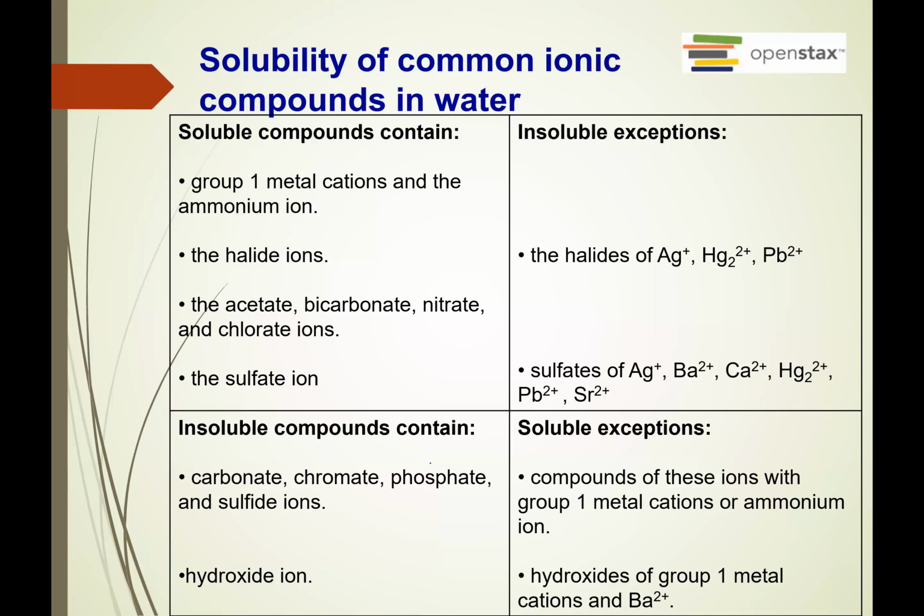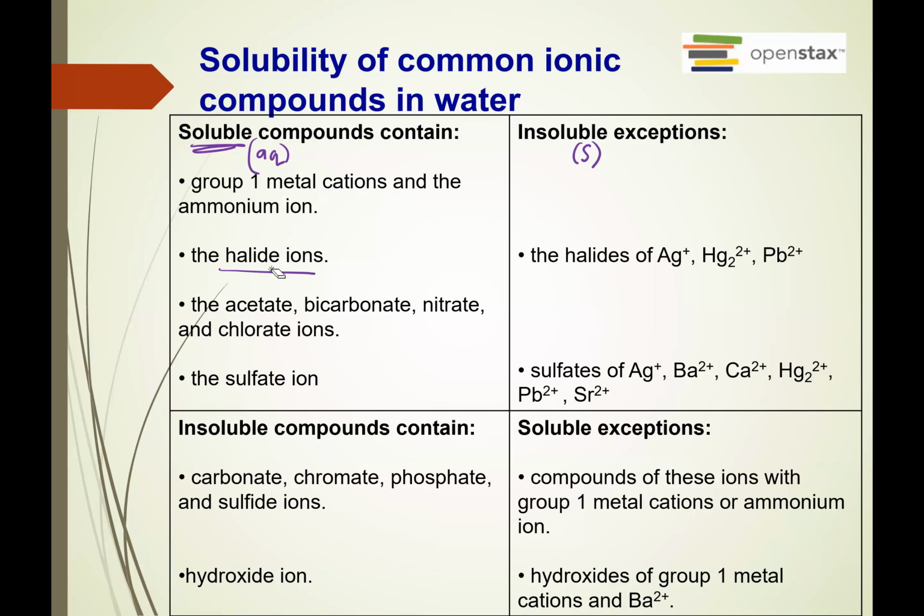So how a solubility table works is it tells you what will be soluble and what won't be soluble. So this one says soluble, and again, remember soluble means AQ. Insoluble means S, solid. So let's look at this. All group 1 metals are soluble. They're AQs.